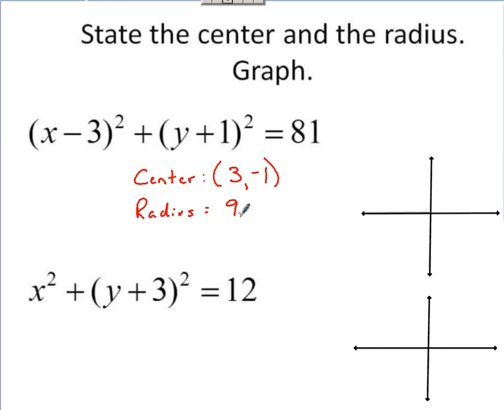Okay, if we plot this out to graph it, here's my center point. We're just sketching here, so we'll do the best we can. For your radius, I'm going to extend out to the left here. We'll go out 1, 2, 3, 4, 5, 6, 7, 8, 9 places, right?